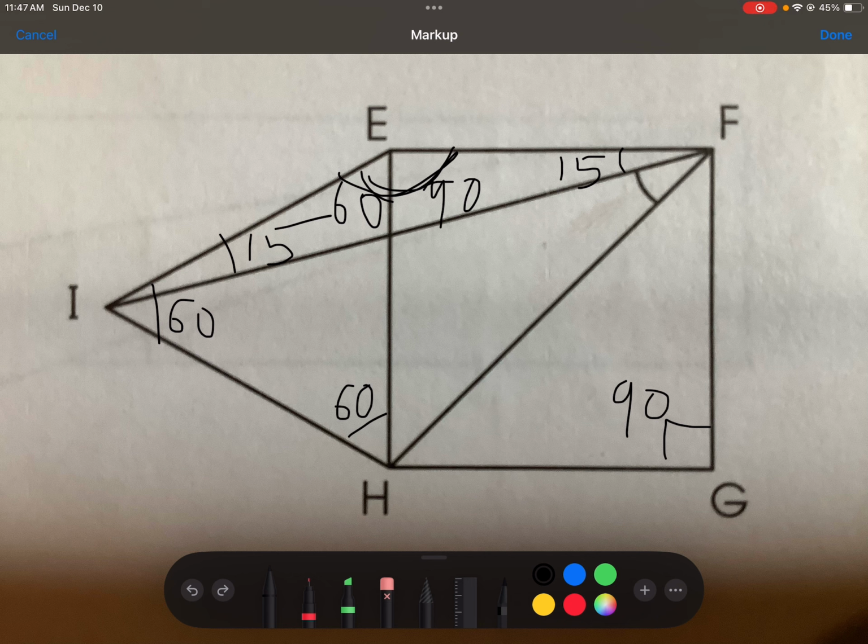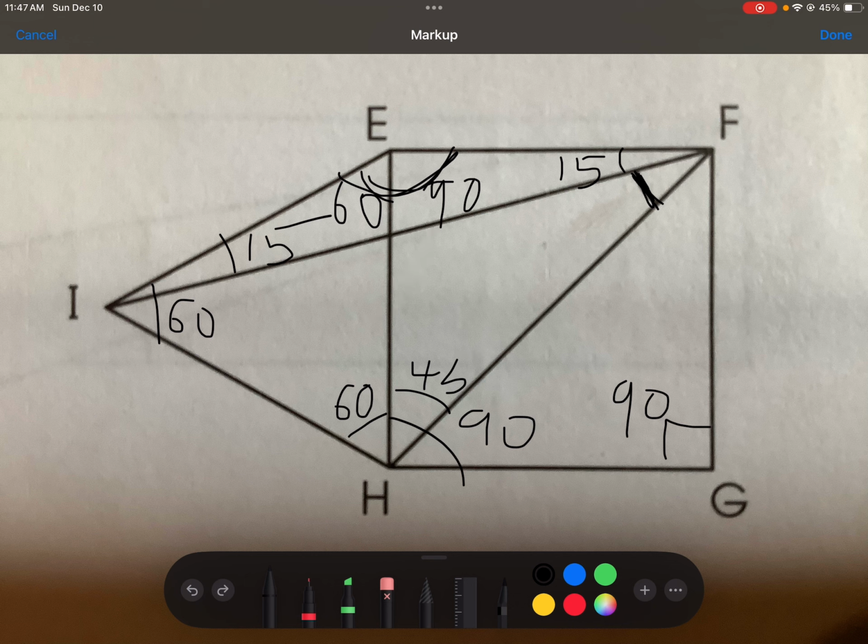So we still need to figure out this angle. So to find this angle, we could either try to find out this angle, because if we know two angles of a triangle, just add them up and subtract that from 180 degrees to give us the last angle.